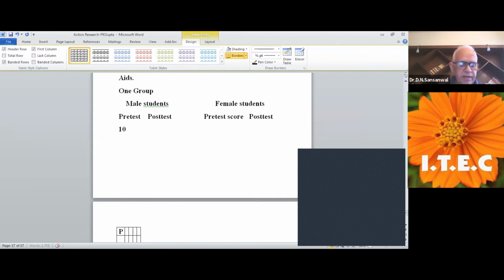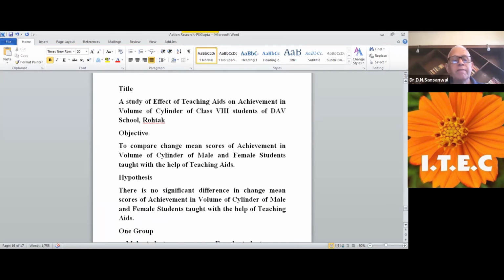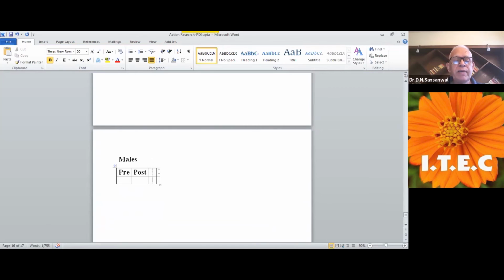Here I say pre and here I say post. And this is the males. Now I have another pre. So here I can find out post minus pre.